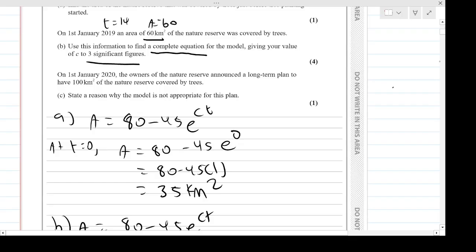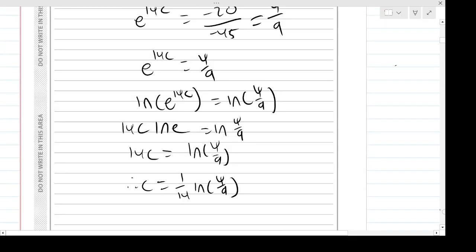To 3 significant figures, if we put a 14th of ln 4/9 on the calculator, that's minus 0.0579 to 3 significant figures.